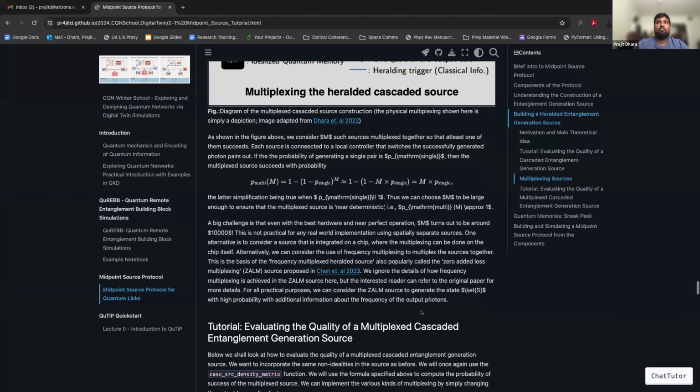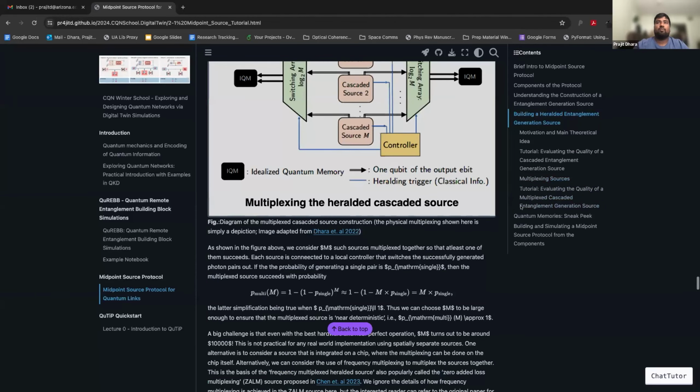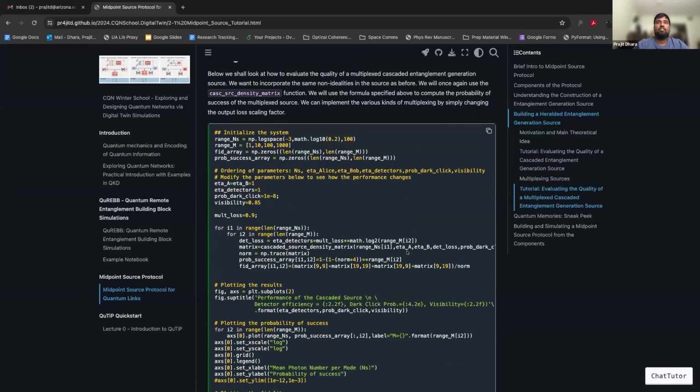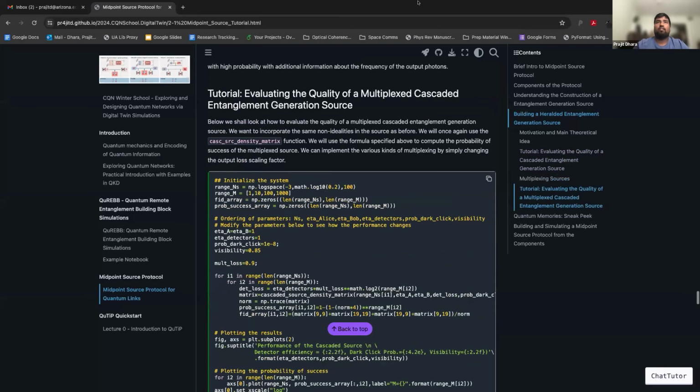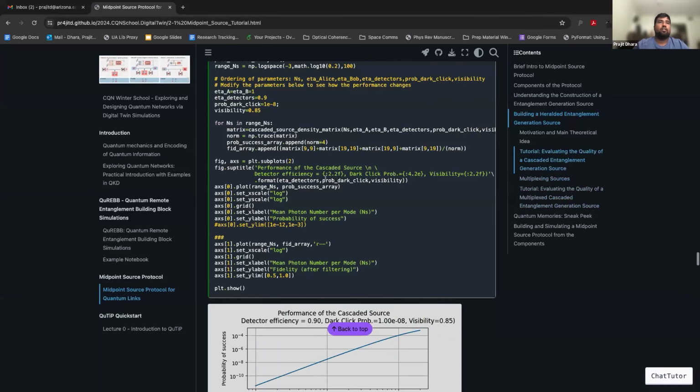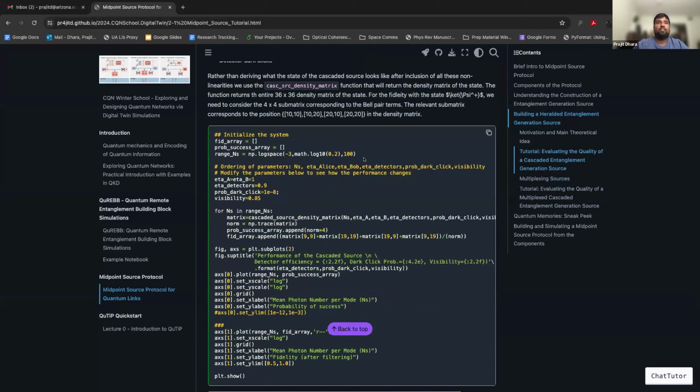A sister tutorial of the previous one, where we were looking at the cascaded entanglement generation source, is given over here. Maybe I'll take a few seconds to explain what these things are doing. We initialize variables to look at the different parameter trade-offs.